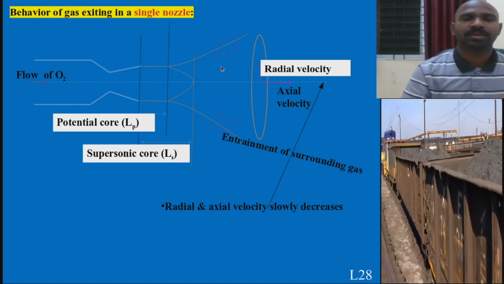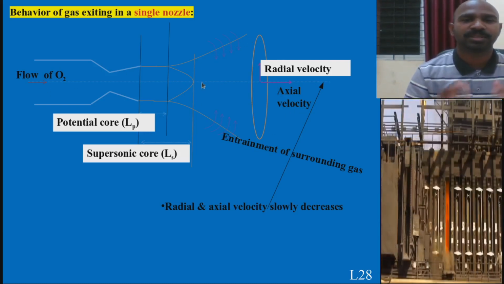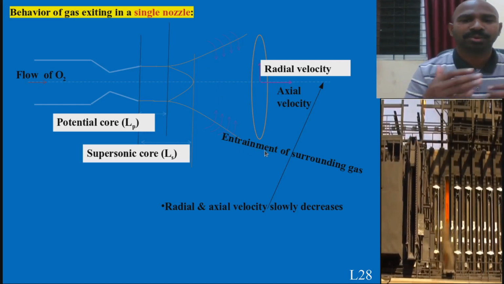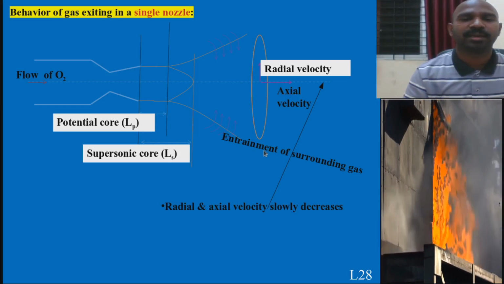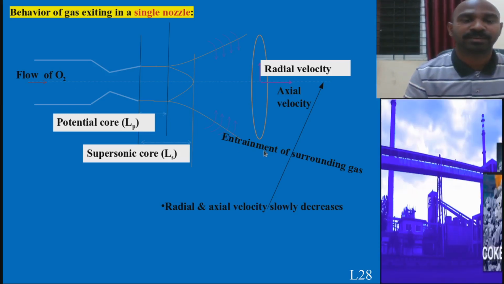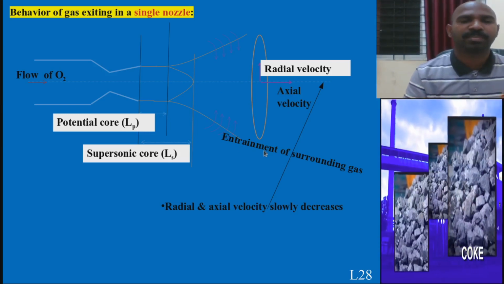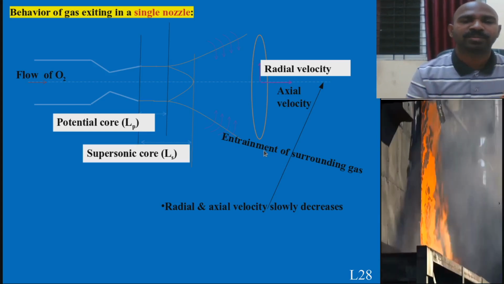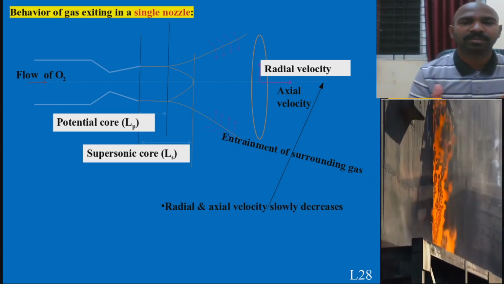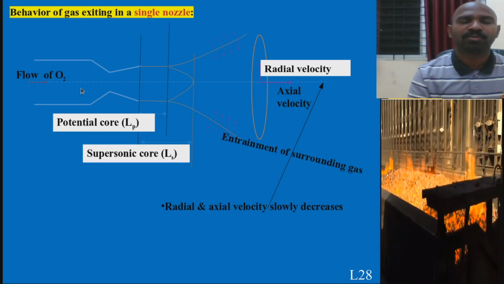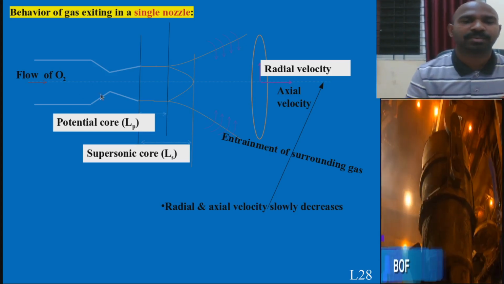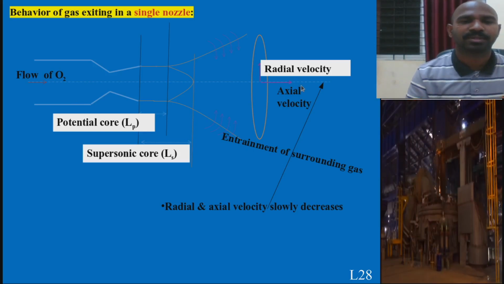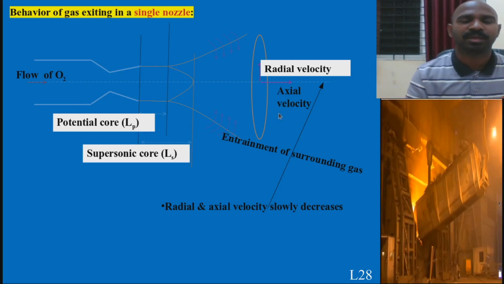And this oxygen gas may entrain or interact with the surrounding gas. Let me repeat: the incoming flow of oxygen along the axis is called axial velocity.